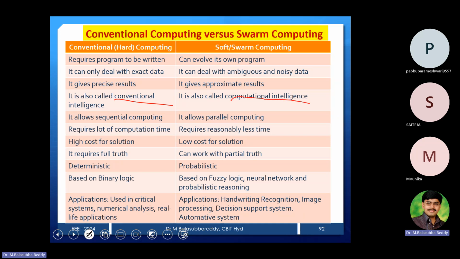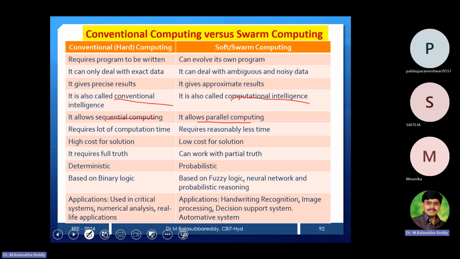Hard computing allows sequential computing, one by one only. Whereas in soft computing techniques, as I mentioned in the previous slides, parallel computing is possible.